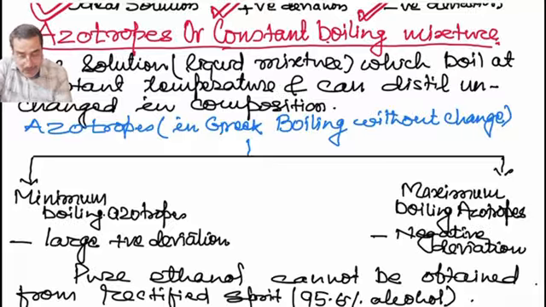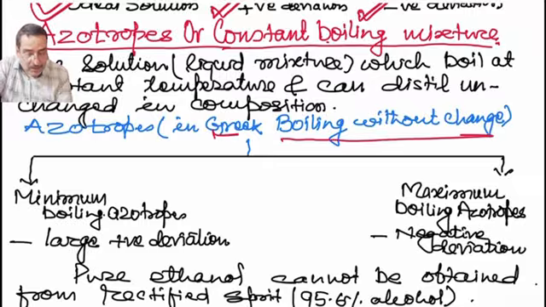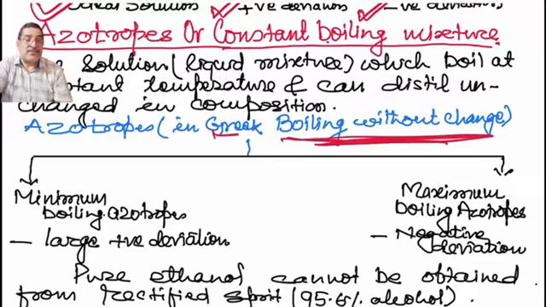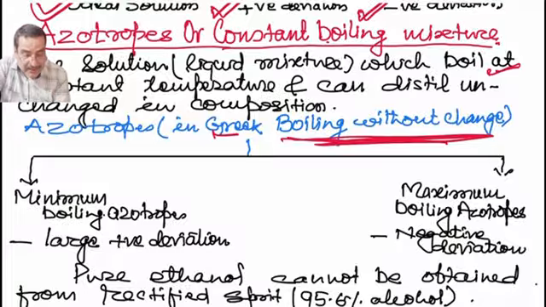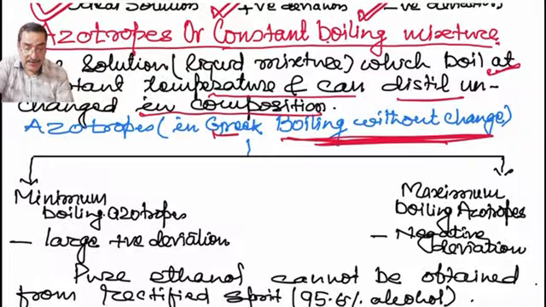Azeotrope is a Greek word whose meaning is very simple: boiling without change. If you take a solution, that is a liquid mixture, which boils at a constant temperature and can distill unchanged in composition, the solution is said to be an azeotropic mixture.